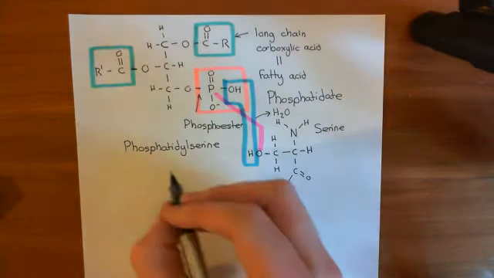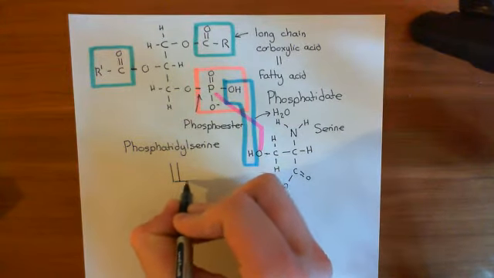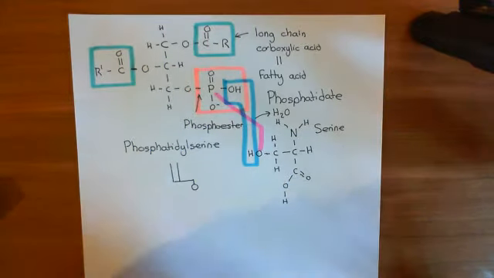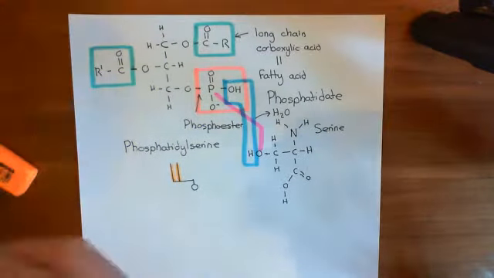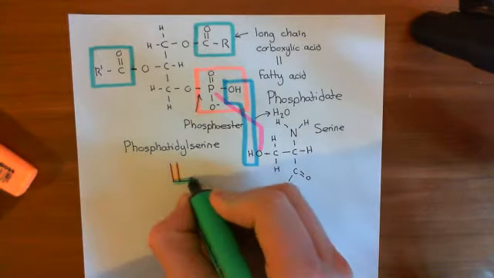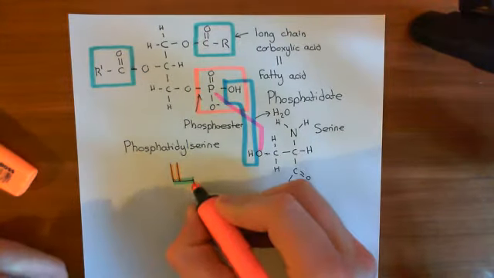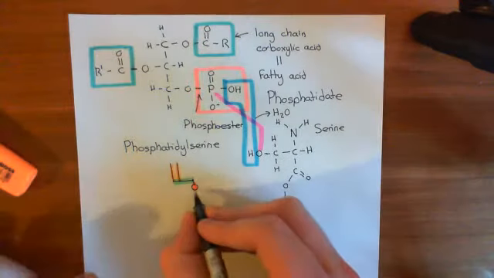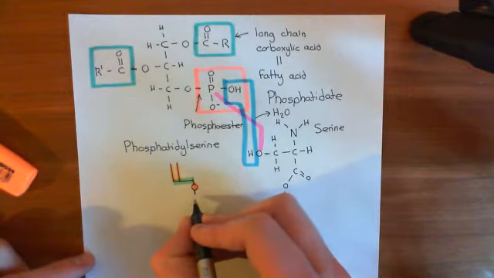Now, I hope what I've shown you is that this is effectively just a modified phosphatidate molecule. In fact, if we go back to our original cartoon, here are the two long-chain carboxylic acids, then we have our glycerol molecule here, then we have our phosphate head here. And now what we have done is put on this serine group here. So how should I draw serine?